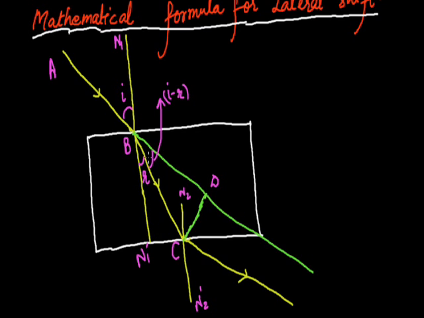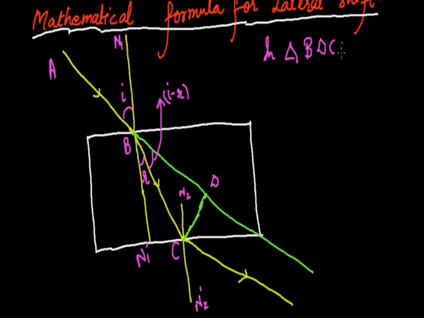Now if this whole angle is I and this particular angle of refraction is R, then the remaining angle DBC should be the difference between the two, that is I minus R.